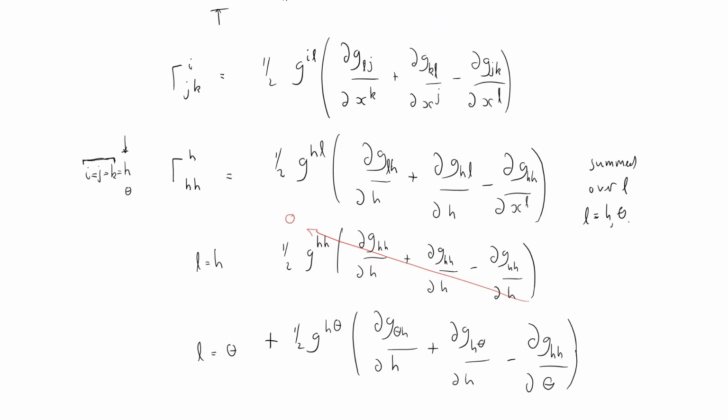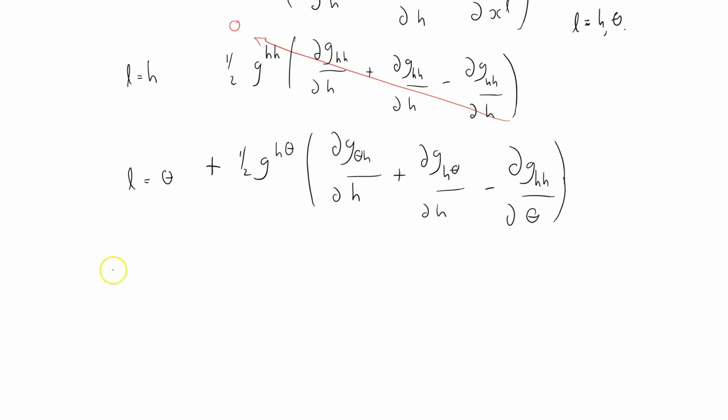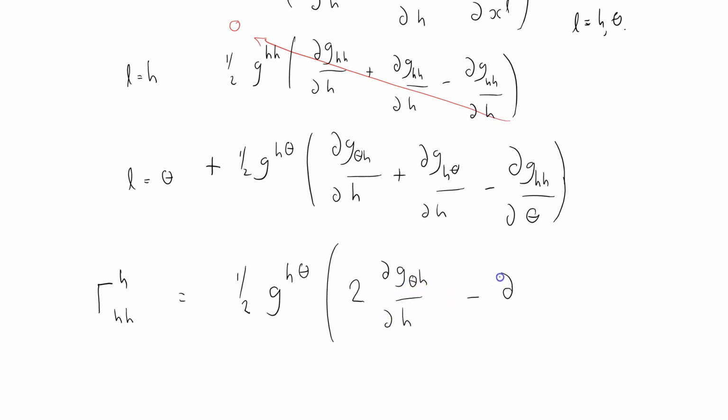Back to black. So what have I got left now? I've got Christoffel H equals a half G H theta. I think it's a good idea to separate out the cancellation as much as you can. So, first of all, I'm going to observe that these guys are the same. D theta H by di H minus di G H H by di theta.